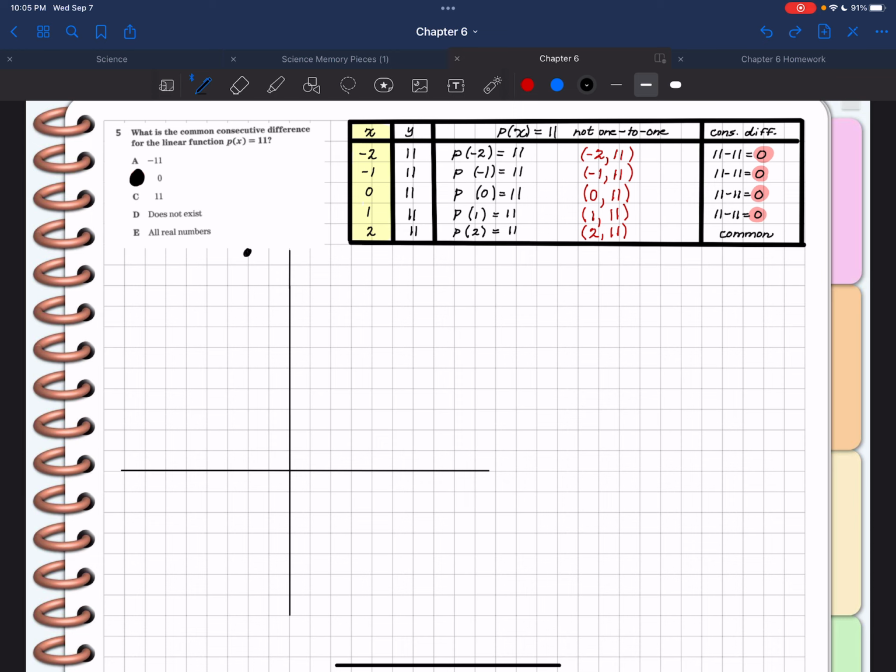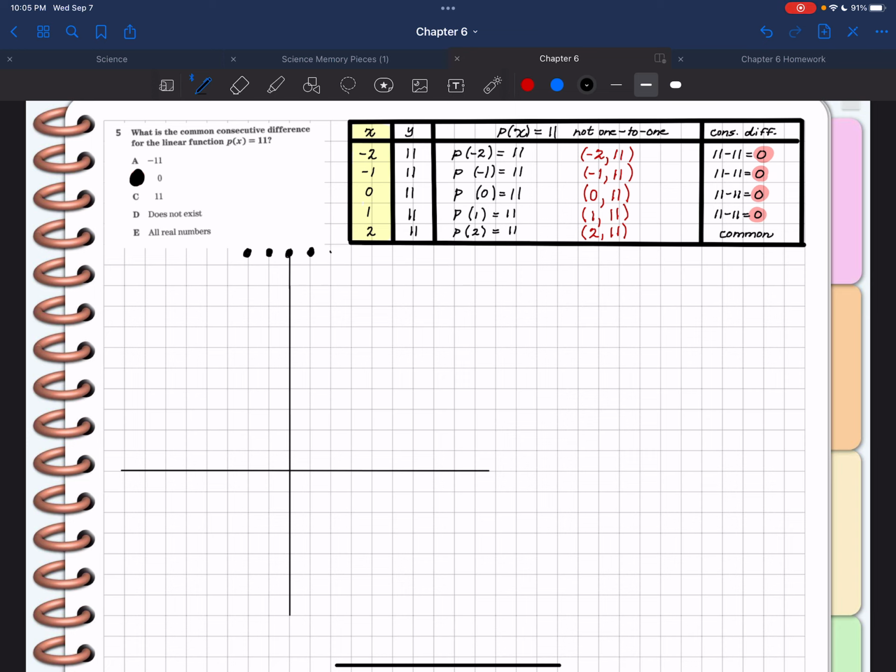When x is -1, y is 11. When x is 0, y is 11. When x is 1, y is 11.